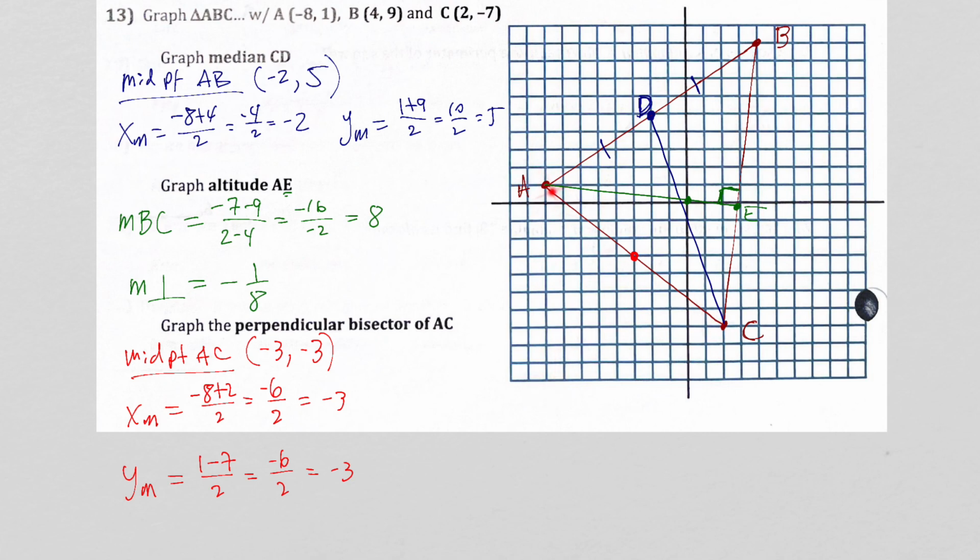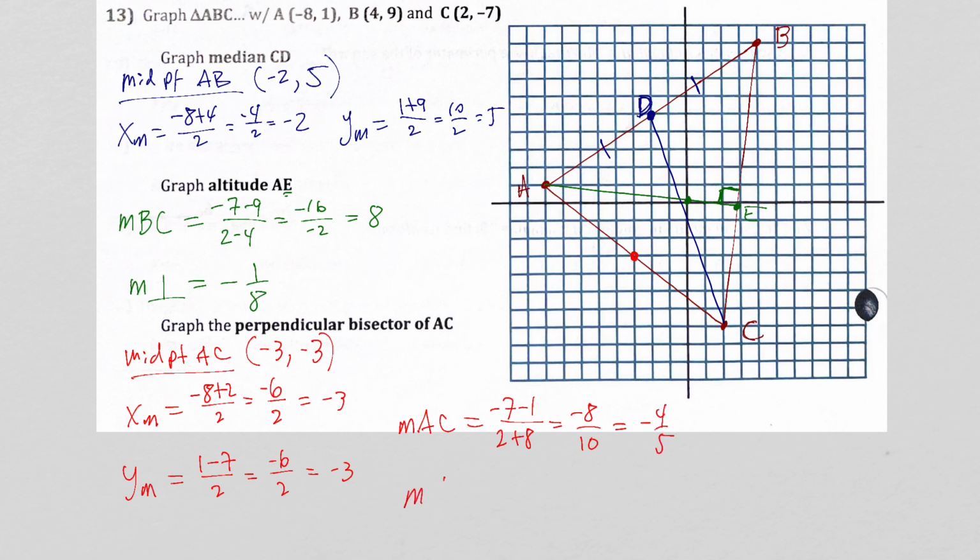So we need to know the slope of this. The slope of AC is the difference of the y's, y2 minus y1, negative 7 minus 1, over x2 minus x1, 2 minus negative 8. This is negative 8 over 10, which is negative 4/5.